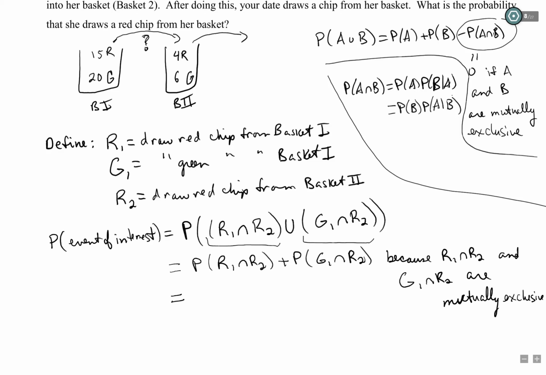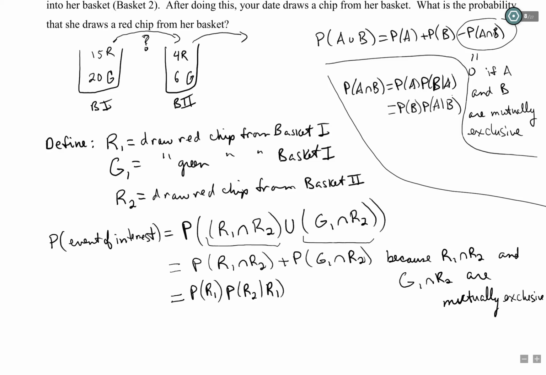So should I think of R1 given R2 or R2 given R1? Thinking about the nature of the problem, it makes sense to think of what's going on in basket 2 given what happened in basket 1. And so I'm going to have a P of R2 given R1, and then out in front is going to be the probability of R1.